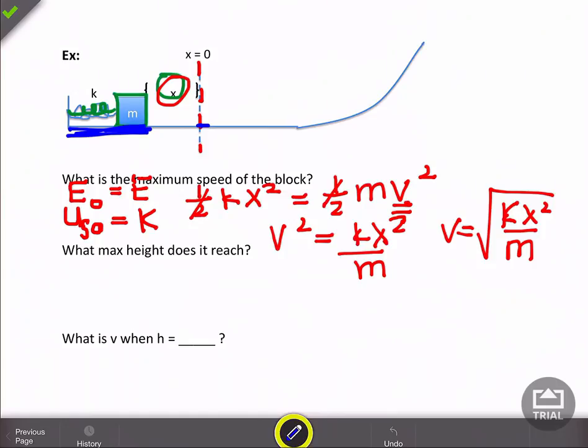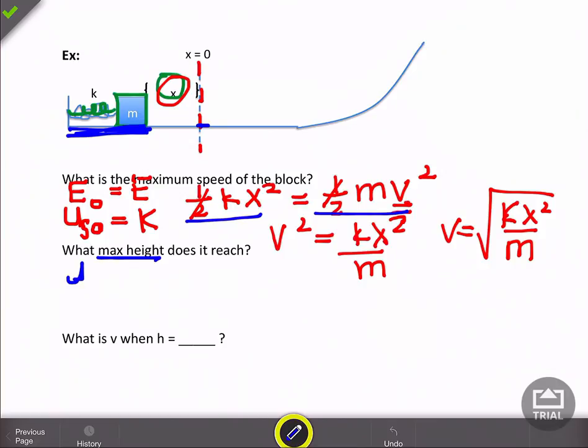Either way, it doesn't matter, because the 1/2 kx squared at the very beginning is equal to the 1/2 mv squared right when it's going the fastest, which is then going to be equal to the energy at this max height. So either way, I'm just going to say that my initial energy is when the mass is compressing this spring.